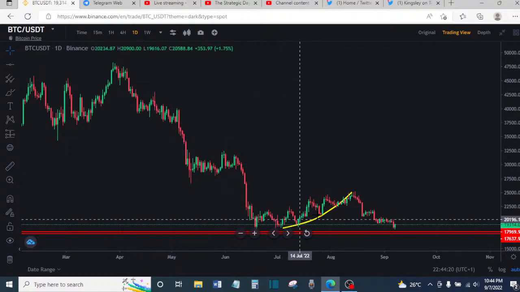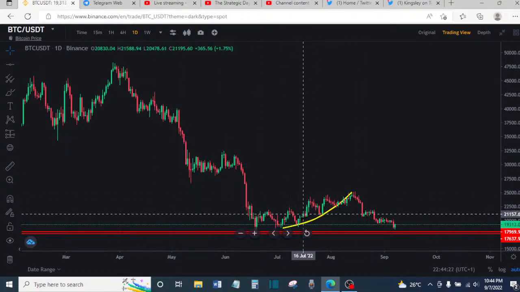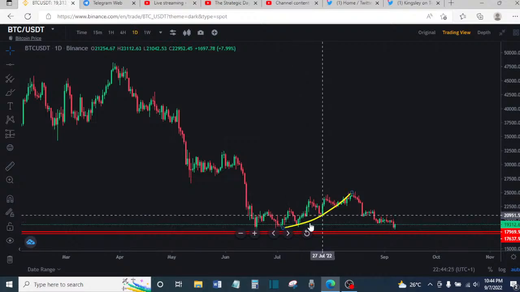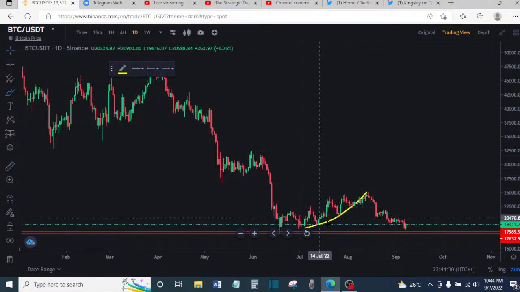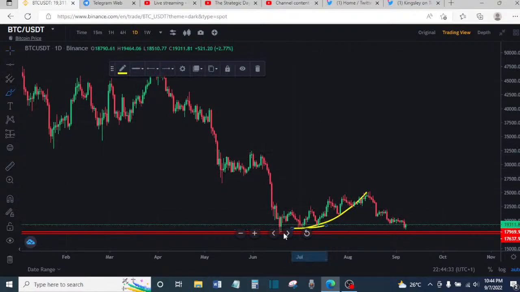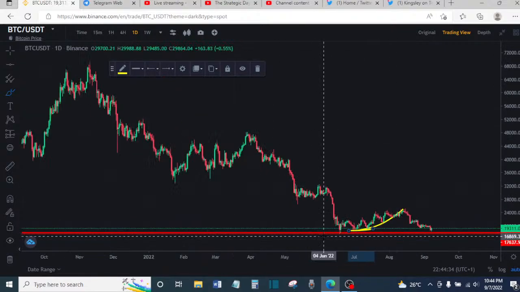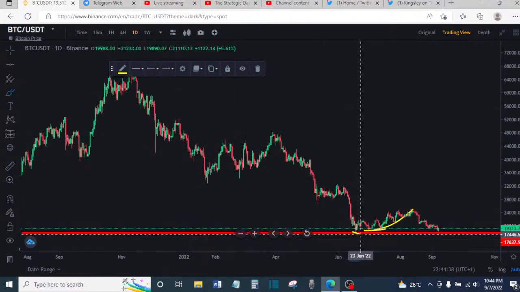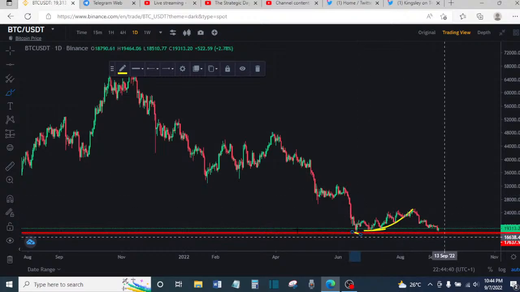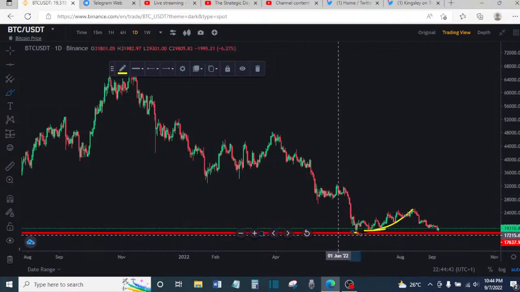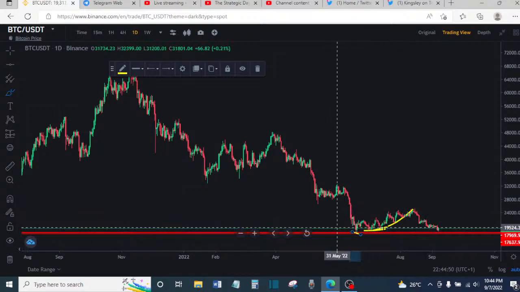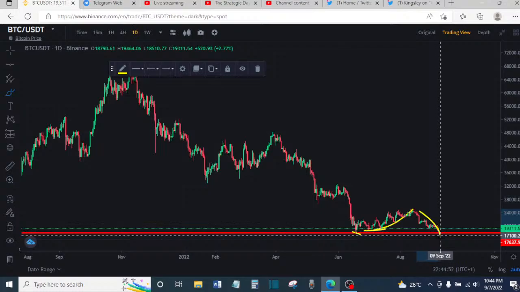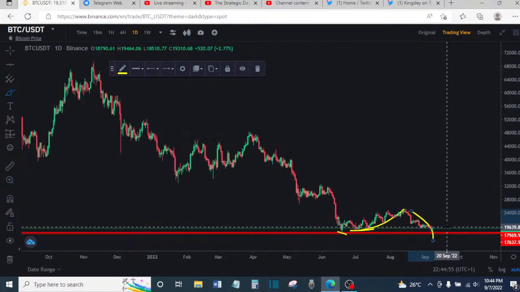They will be coming back down to take out this miss, and the stops that created the miss. So this red line is the stop. These red lines are the stops that created this miss. So we expect, according to my analysis, that they need to take out this red line, and they have not yet taken it out.